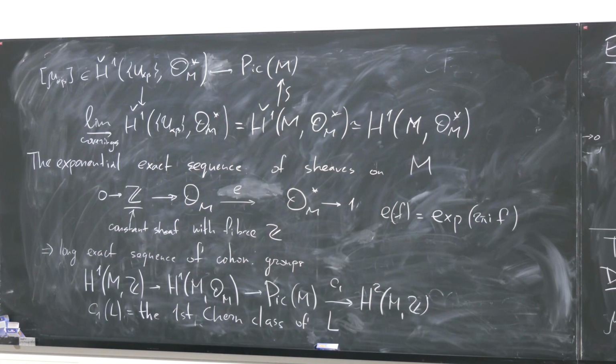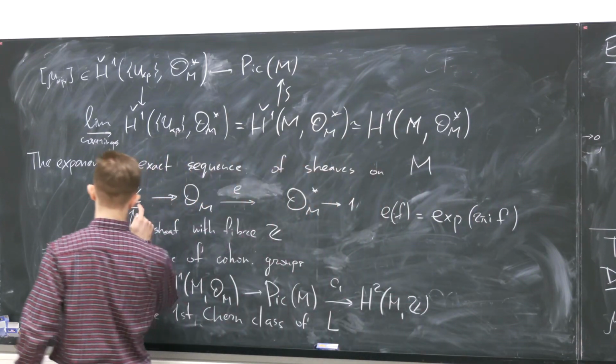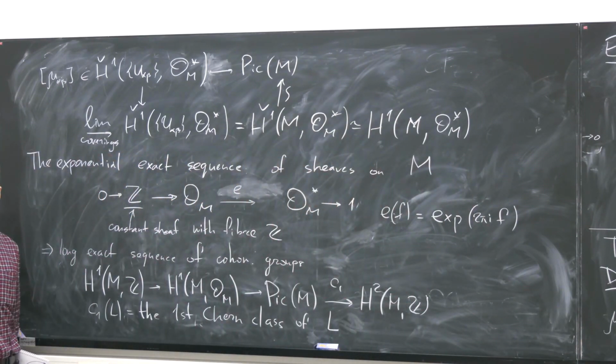We should keep in mind that if we compute the sheaf cohomology of a constant sheaf, then this will be the same as the singular cohomology. So we will also have cohomology with values in the constant sheaf with fiber R, for example the real numbers, or the complex numbers, and you can always identify this with singular cohomology.